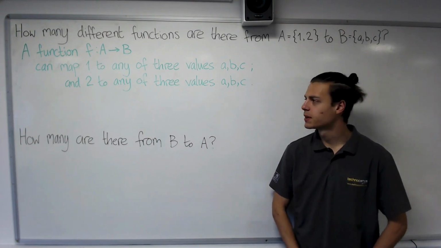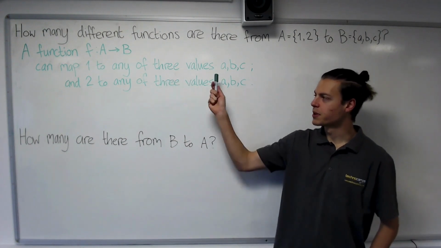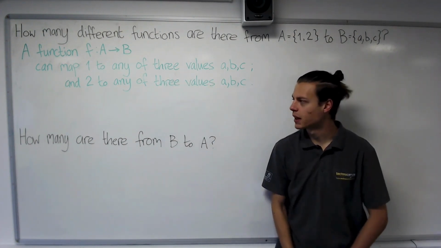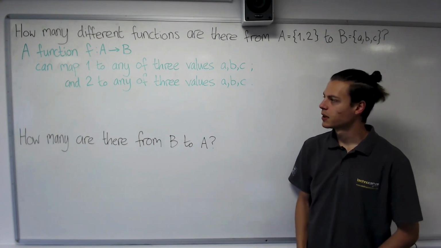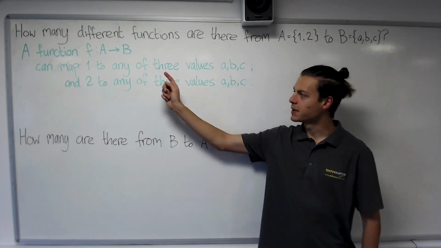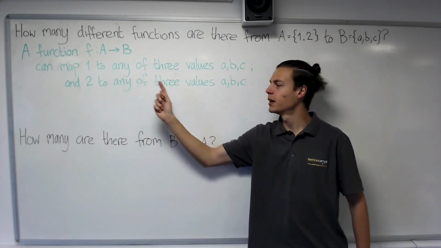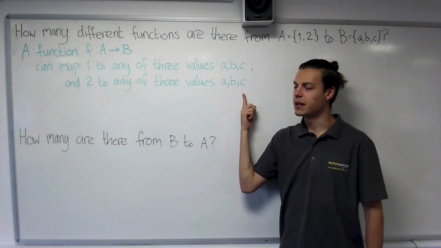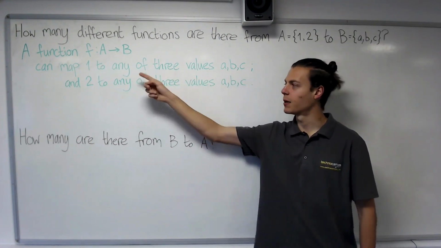So how many different functions can we find here? Well, 3 options for 1 and 3 options for 2, so that makes a total of 9 different functions, right? A function that gives the value A to 1 can take 3 different values for 2, similarly for mapping 1 to B and 1 to C.